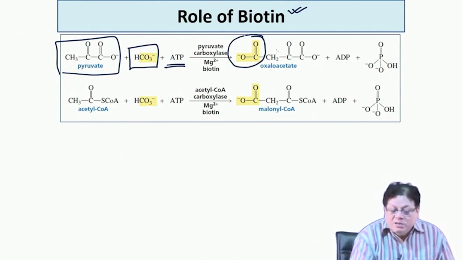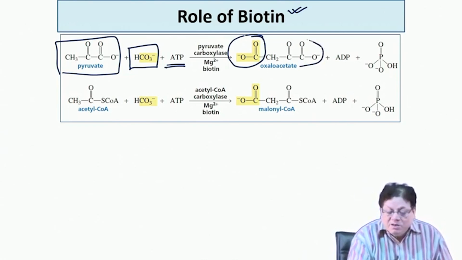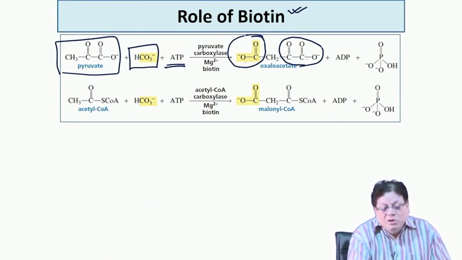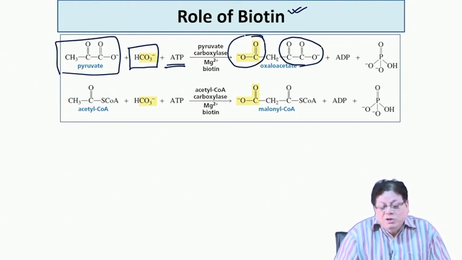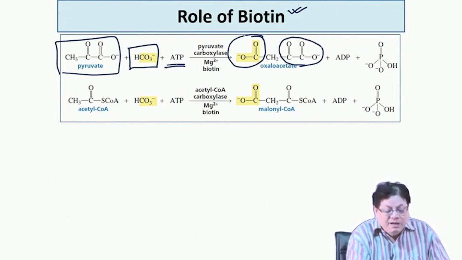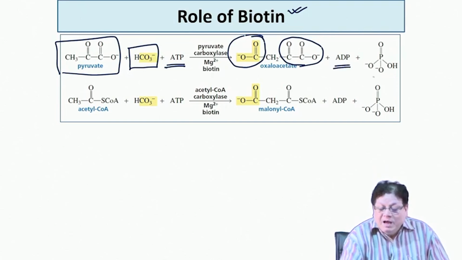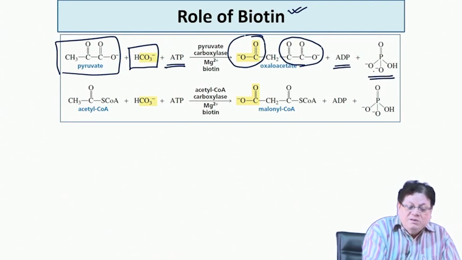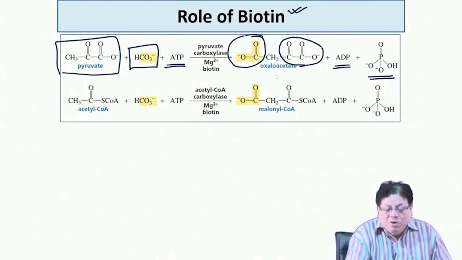So you get oxaloacetate, with the oxalyl group and the acetate moiety, plus ADP and a phosphate. That means ATP is hydrolyzed, and the energy is utilized to do this reaction to form oxaloacetate.